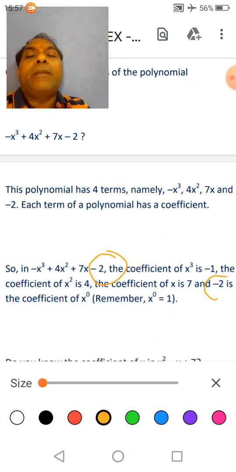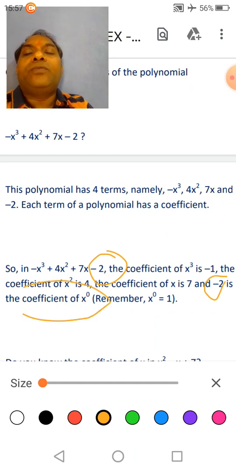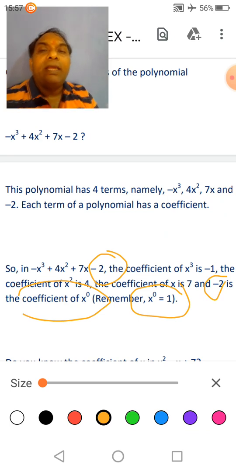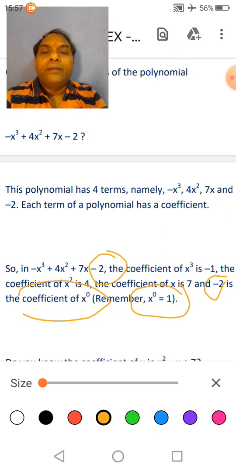So minus 2 is the coefficient of x to the power 0, because x to the power 0 is equal to 1, and minus 2 can be written as minus 2 into 1, and 1 is equal to x to the power 0. So coefficient of minus 2 is the coefficient of x to the power 0.